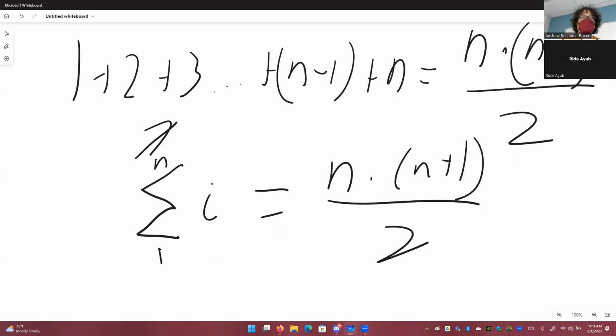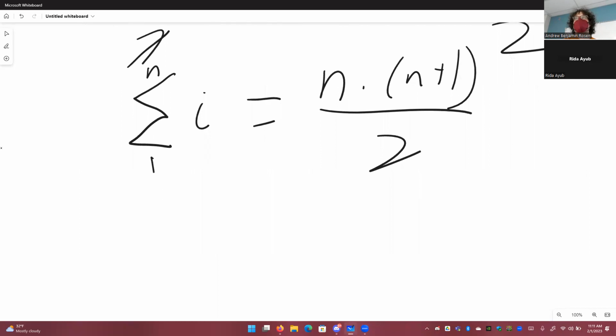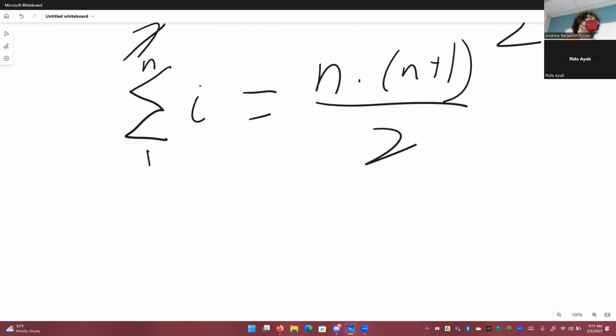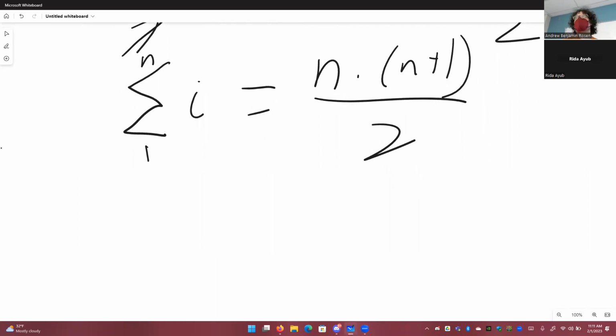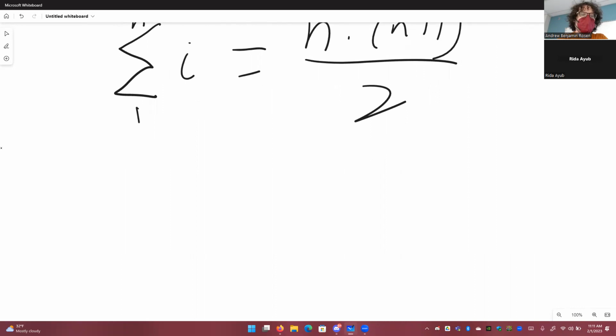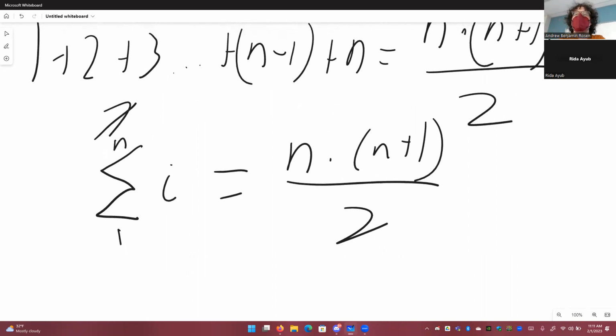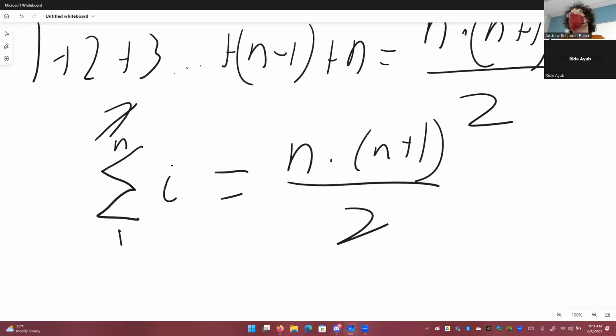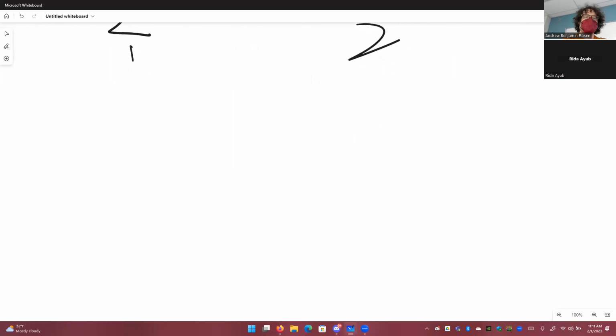Proof by induction has two rules, and if you haven't done it, it's fairly useful, especially when you think about how we prove whether recursive functions work. The first step is that we prove this equation works for a base case, for some lowest possible value. So let's prove that this equation works for 1.